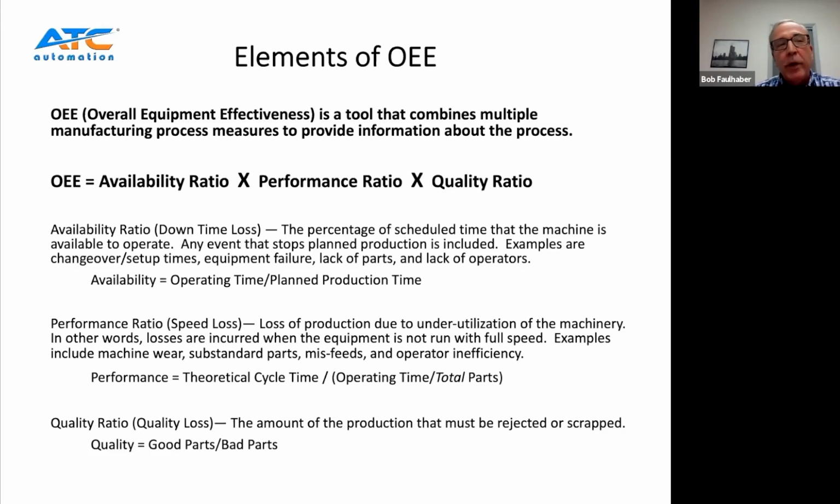However, let's say we have a planned changeover time of 15 minutes, and that 15 minutes is removed from the available time. However, let's say instead of 15 minutes, it takes the team running that line 30 minutes to change that line over.